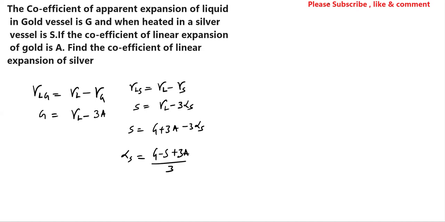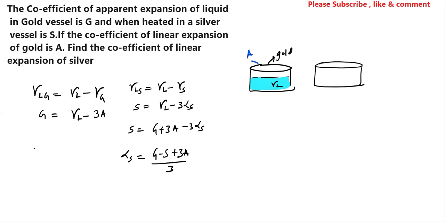So what is actually happening? There is a gold vessel, okay, there's a gold vessel. I'll fill up a liquid. Then the expansion of the gold, let it be 3A, or A will be the linear expansion. That of the liquid is gamma L. Next, I'll take a silver vessel. And again, I'll fill up a liquid in it.